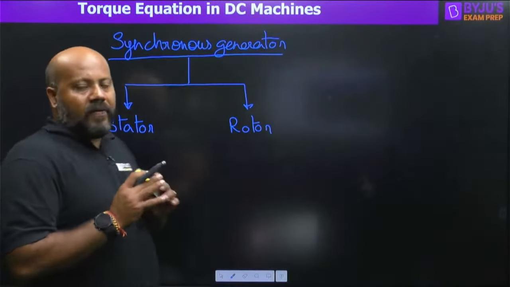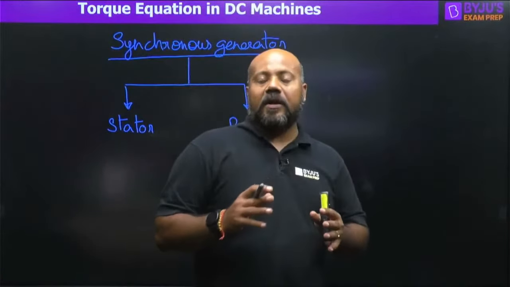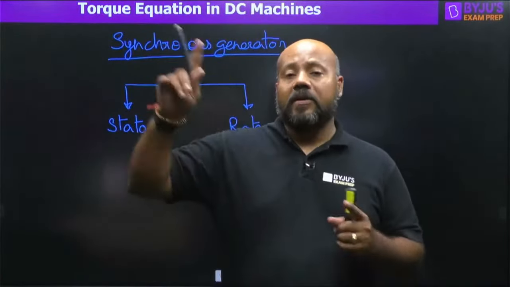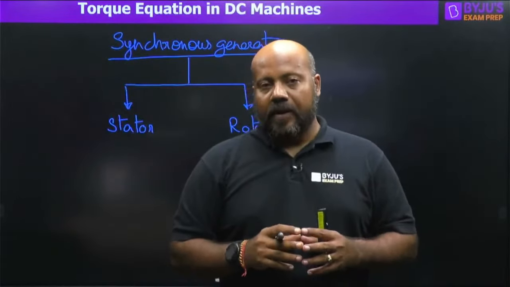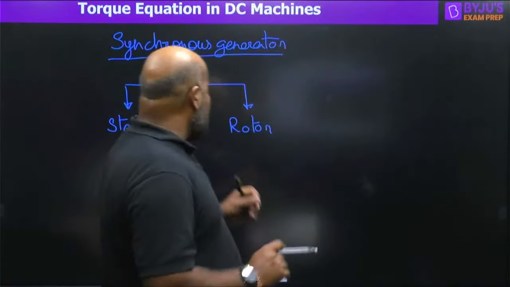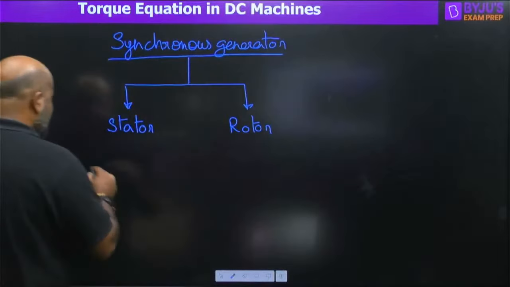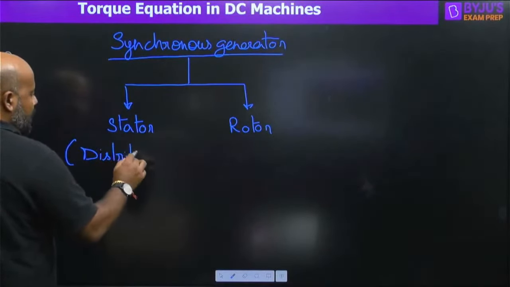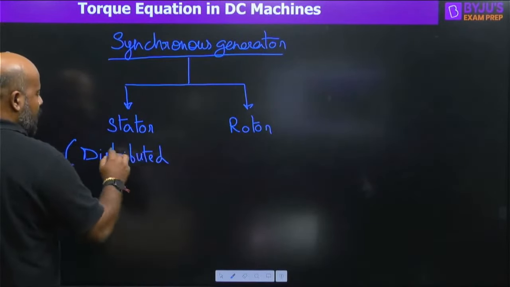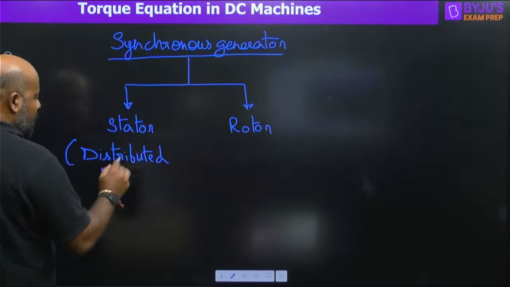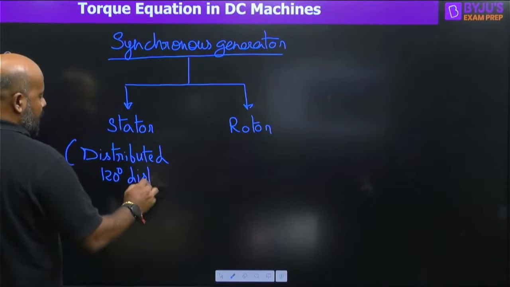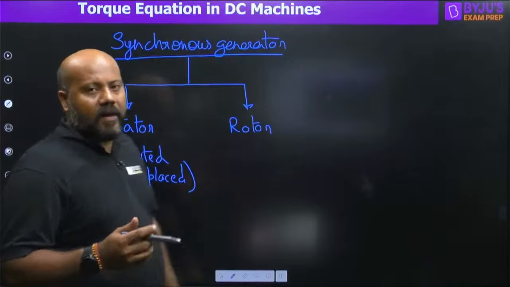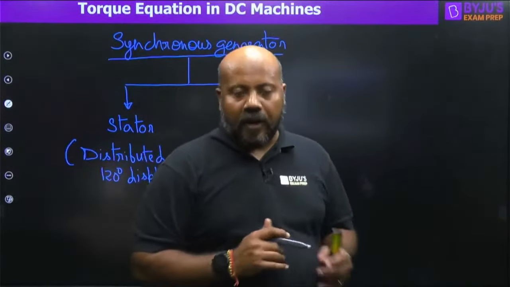The stator of your synchronous generator is similar to the stator of a 3-phase induction motor. It means your stator has a distributed winding, which is 120 degrees displaced in space, much like the stator winding of an induction motor.